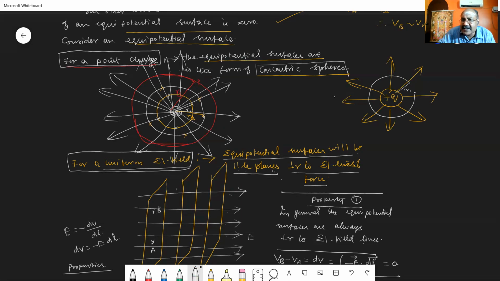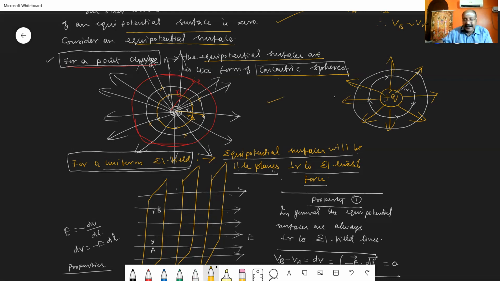You just draw a circle or a sphere, and you get a surface which is equipotential. On the surface, the potentials are the same. Similarly, if you consider the equipotential surface at some other distance, you get another equipotential surface like this. So I can write, for a point charge, the equipotential surfaces are in the form of concentric spheres.